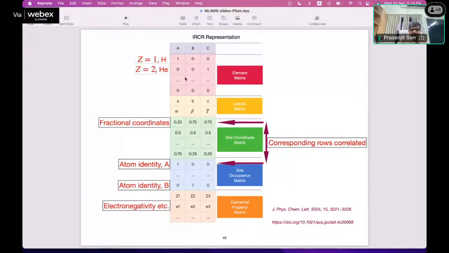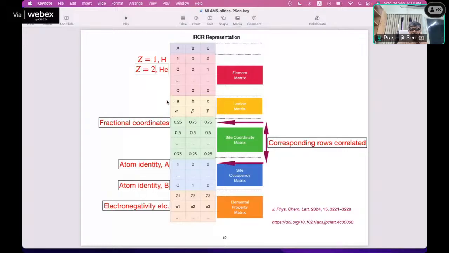It goes up to Z max. And if a hydrogen is present and your first element A happens to be hydrogen, you put a 1 here. So these are one hot encoded vectors which represent what are the ABC elements present in your material.